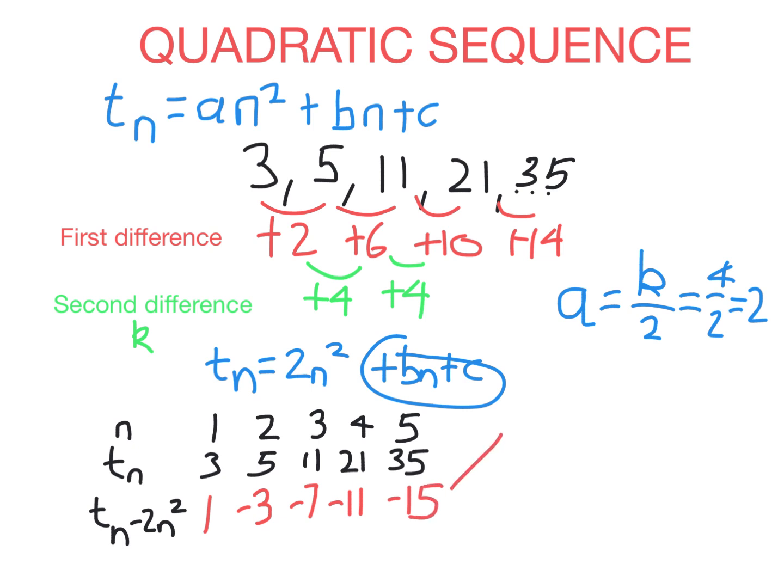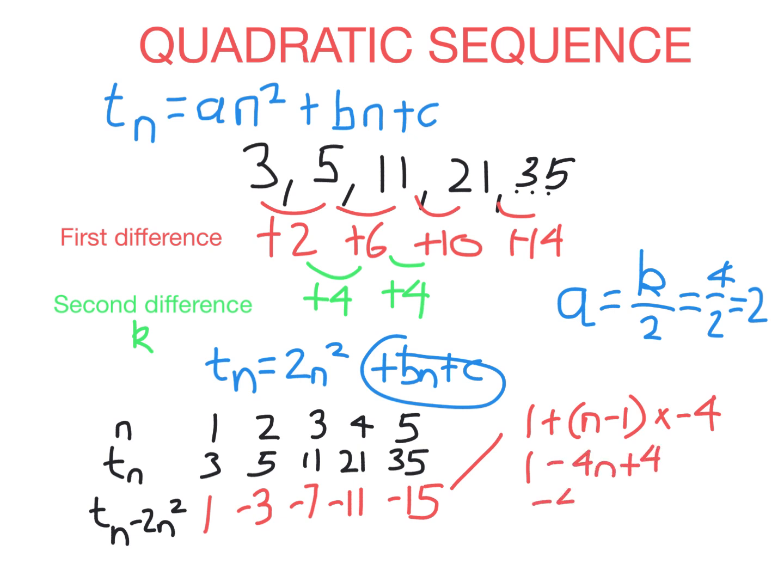So what will this be? Well, that is Tn is equal to a, the first term, plus n minus 1 times d, which is negative 4. So what we do now is expand the brackets. So we get minus 4n plus 4.